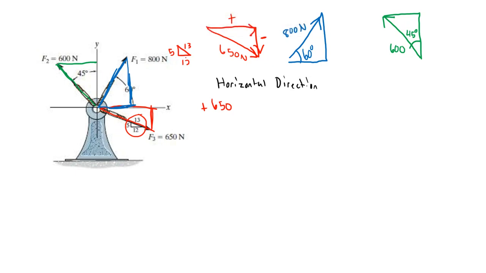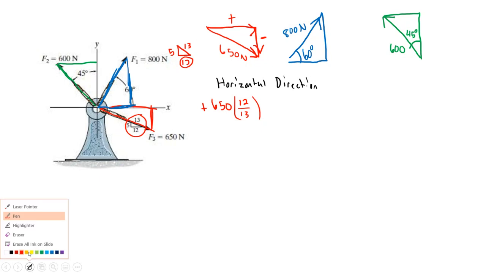So you are looking for the horizontal direction, so you grab the 12 because that's horizontal and always put it under the hypotenuse. And that's it. That's it for that triangle. Now let's start off with the blue one. So does that make sense why we grab the 12? Because it is the X direction, okay?